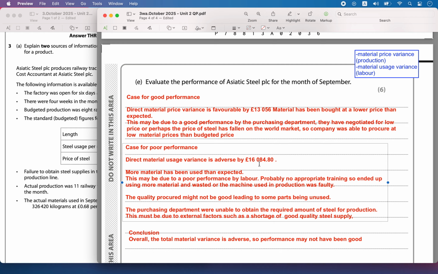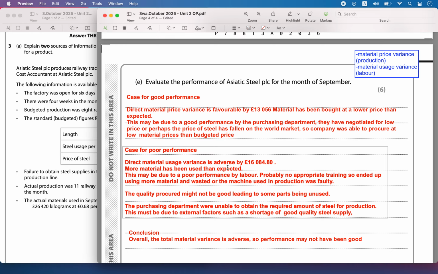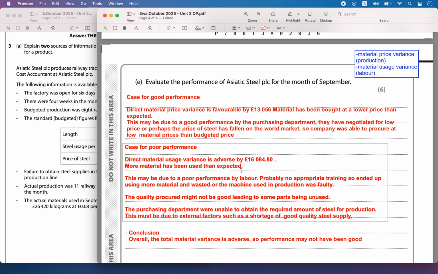What is the case for poor performance? We saw that the material usage variance was adverse by 16,084.80 pounds. So more material was used than expected or budgeted. Why would this happen?